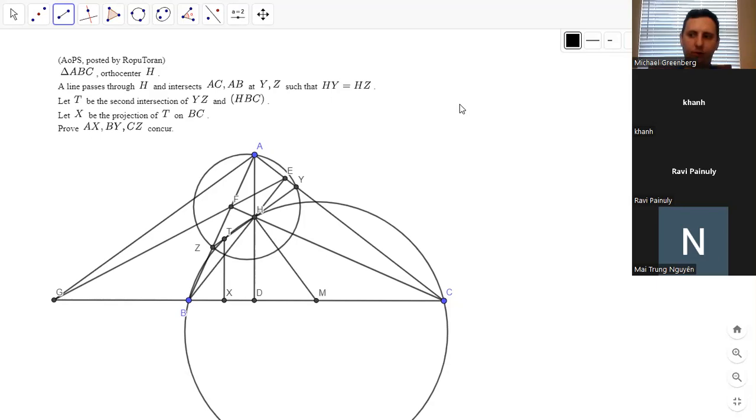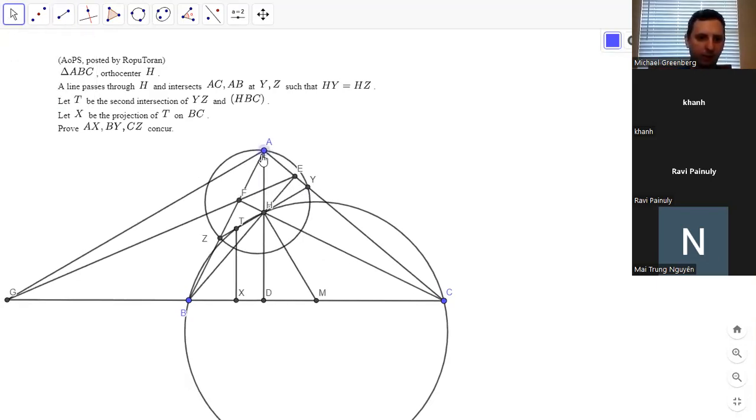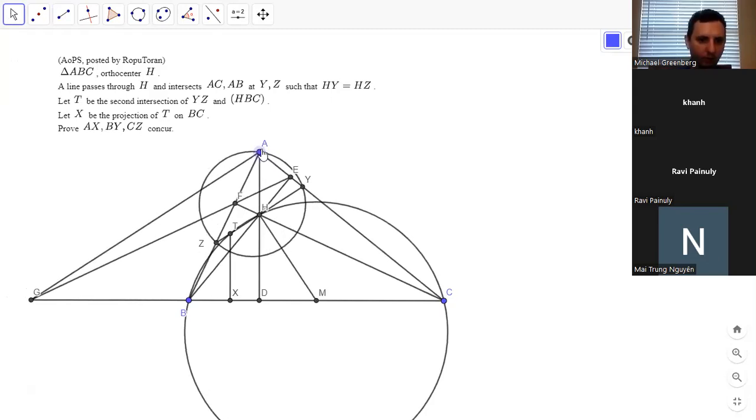Now let's see if we can use Ceva's theorem to solve this. Let me check that it's actually true. So we have AX, BY, and CZ. Oh, so yeah, it's true. And it almost looks like TX, but yeah, that can't be true. It just looks in this diagram like TX and BE meet on the circle.